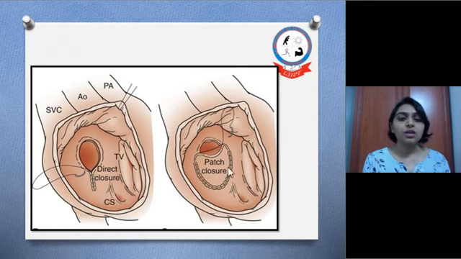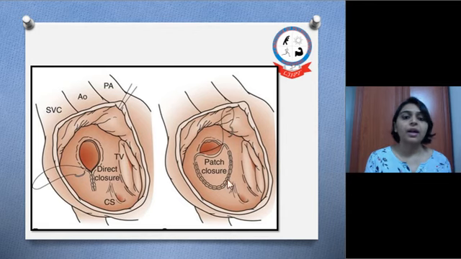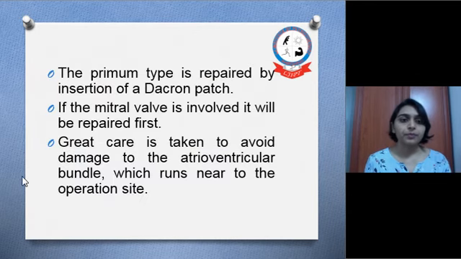If there is a large opening, we can use a Dacron patch, as well as for the primum and sinus venosus types. So the primum type is repaired by insertion of a Dacron patch. If the mitral valve is involved, it will be repaired first and then the Dacron patch is attached.